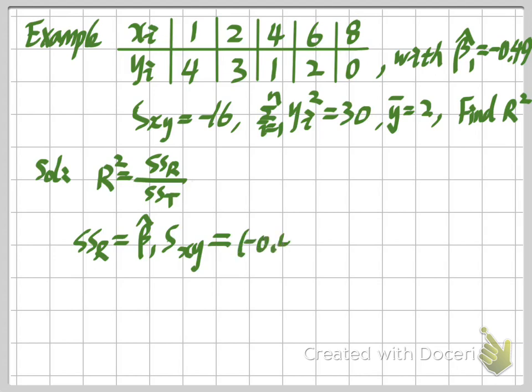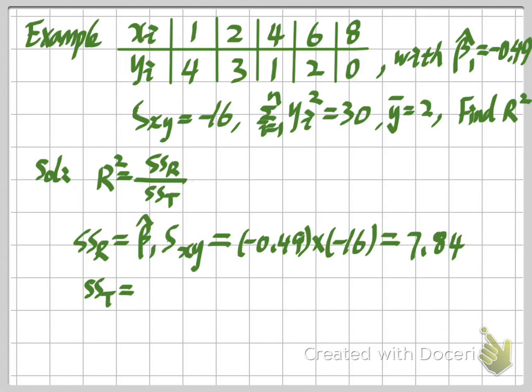So we can directly plug in our values of beta 1 hat and s sub xy, and by calculator we compute this is 7.84. This is how we compute the SSR.